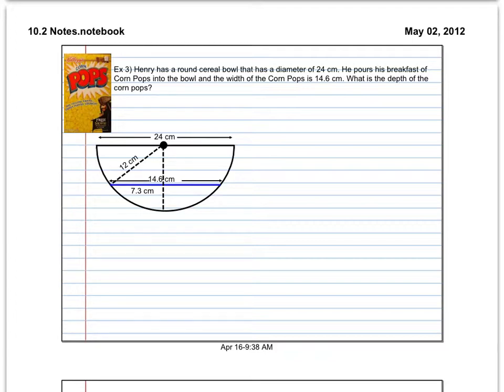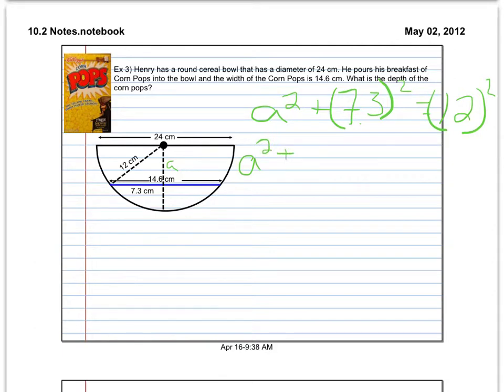You're looking for A, so we're going to look for this height of the triangle, plus the base of 7.3 squared is equal to the hypotenuse of 12 squared. So let's follow along and work through solving it. 7.3 squared will be 53.29. 12 squared will be 144.